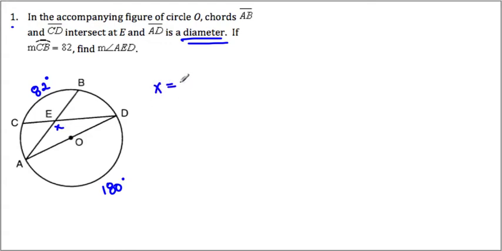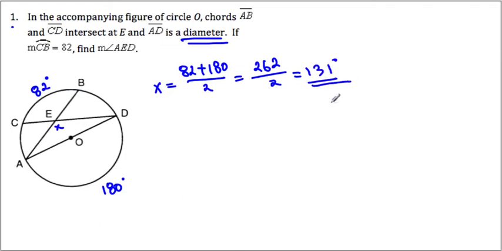X will be equal to 82 plus 180, divide the entire thing by 2. This will be the relationship for the angle formed by two intersecting chords within a circle. Then here we have 262 over 2, which will be equal to 131 degrees.